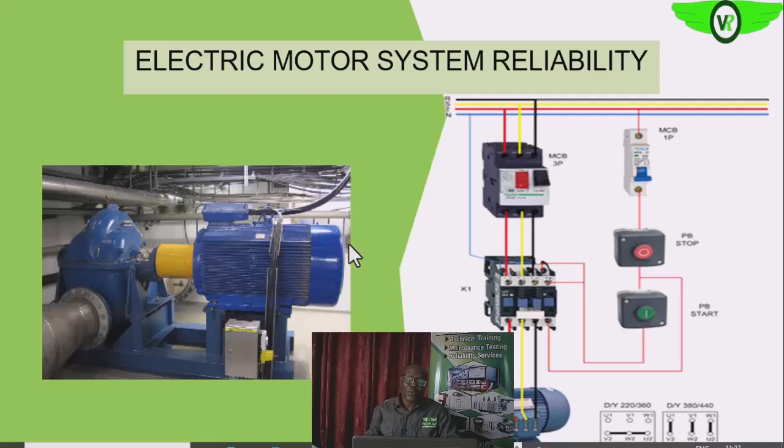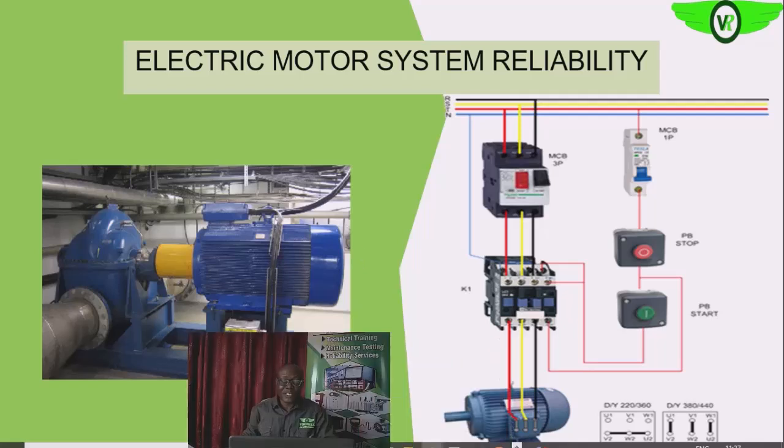Okay, so before we go into improving the reliability of each of these components, let us first appreciate how the major components function. Remember we termed it the electric motor system. So in this case, we are focusing on the electric motor, okay.